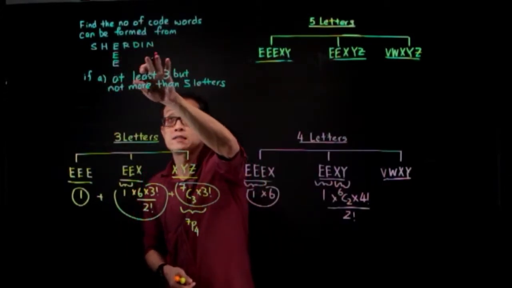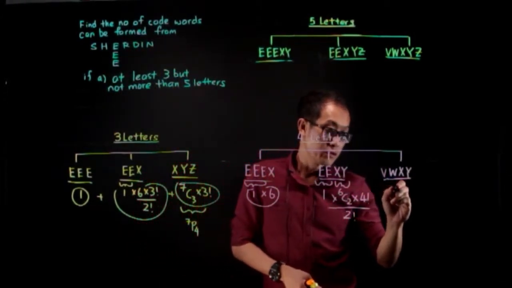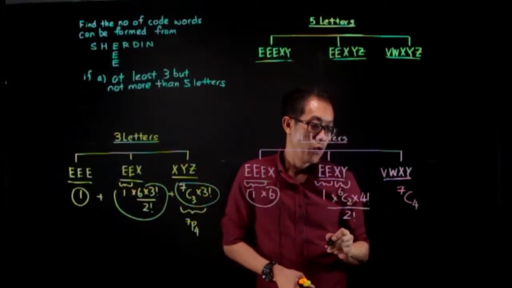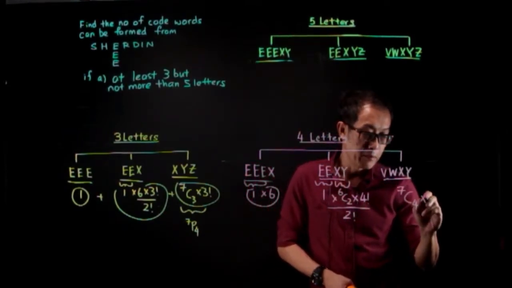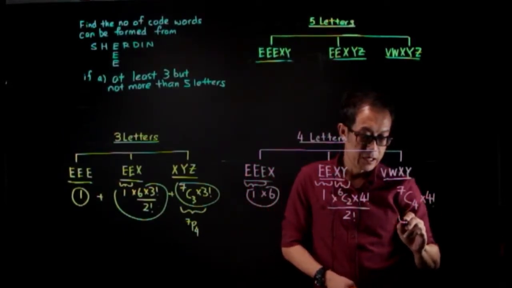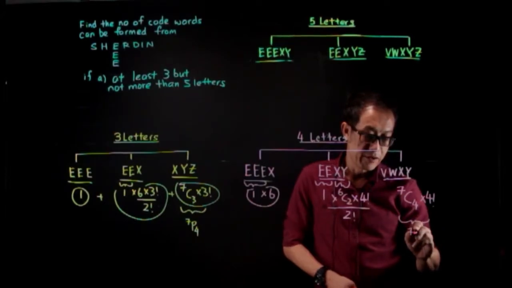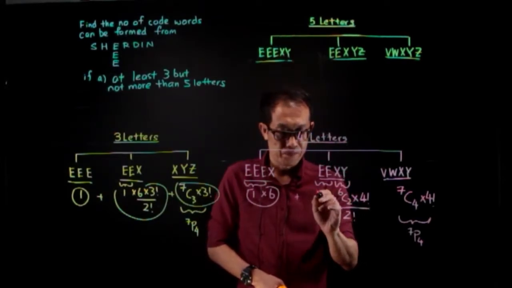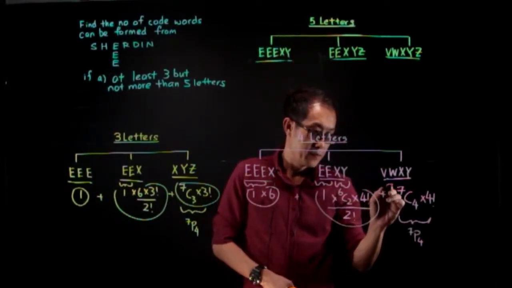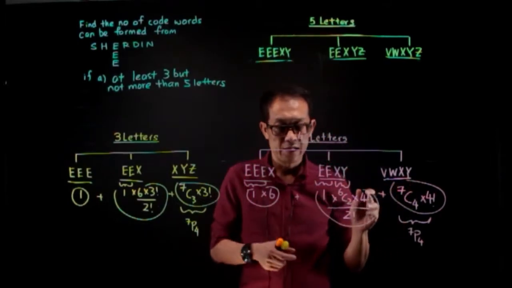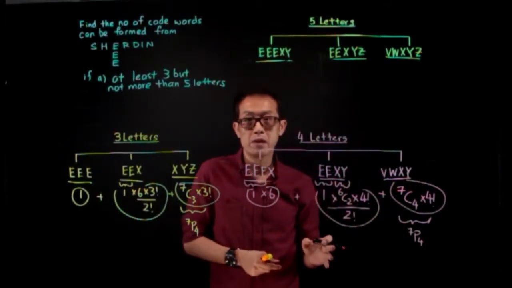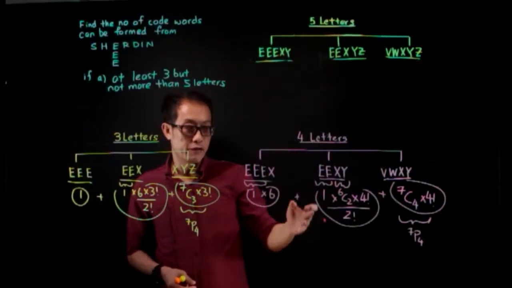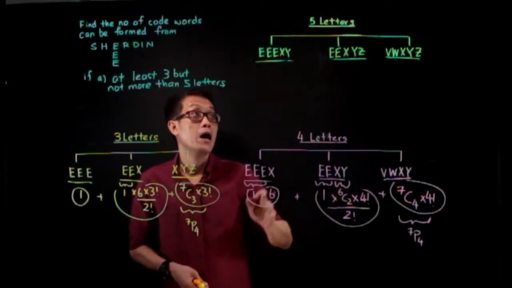So altogether there are 7 different letters, so you can use 7C4. But we can permute them, so you multiply by 4 factorial, and this is the same as 7P4. You add all this up, and that will give you the total number of 4-letter code words that you can form.